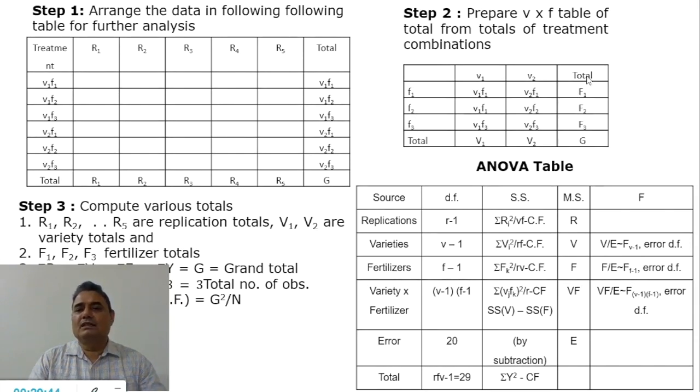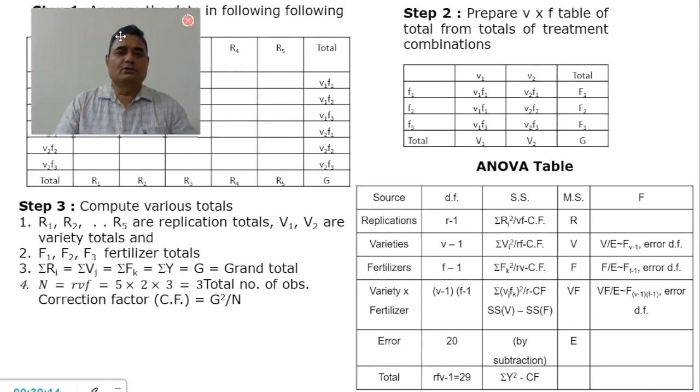The sum of rows will give you capital F1, F2, F3, means the fertilizer totals over varieties. Similarly, capital V1 and capital V2 will give you the total of all the fertilizers for a variety, keeping the variety constant. So you will get V1 and V2, they are column totals, and the grand total.